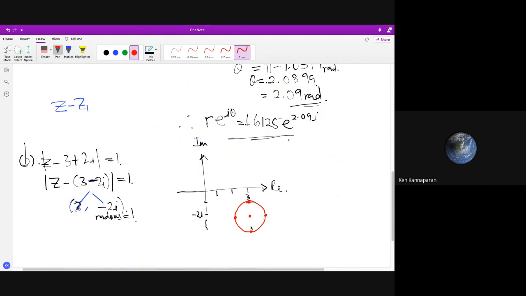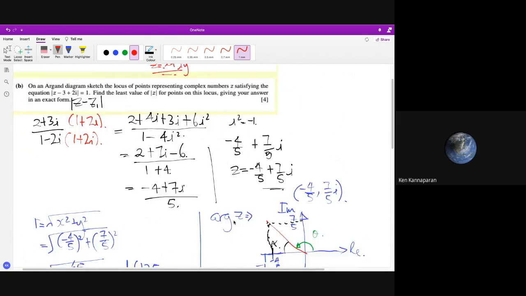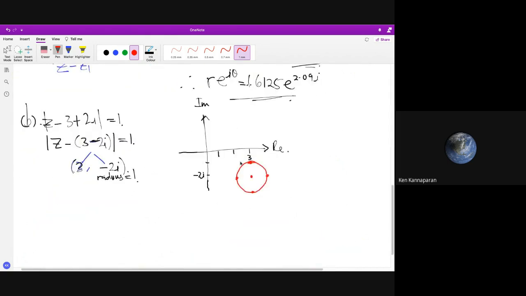Now, what's the question? The question requires us to find the least value of modulus z for the points on this locus. So this is your locus z. We got that. So where is the least point? What is the shortest distance? Meaning, what is the least point from your origin? So it's somewhere here to the center.